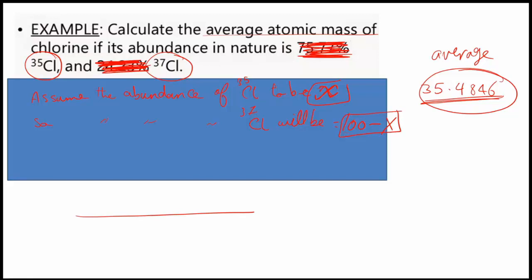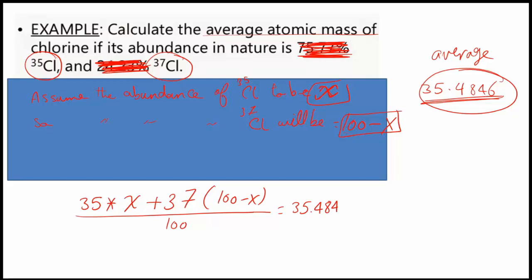So let's do the equation. First mass times first abundance, which is X, plus second mass times second abundance, which is 100 minus X, divided over 100. It gives you 35.4846. Take the 100 to the other side.